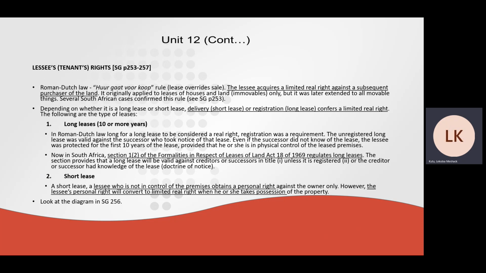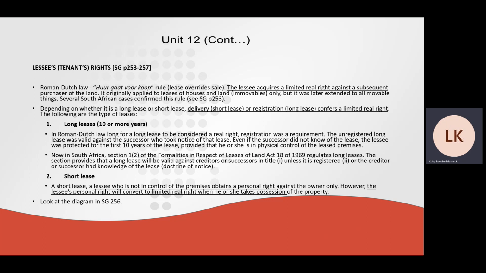In terms of this rule or doctrine, the lessee acquires limited real rights against a subsequent purchaser of the land. What that means is, if the property is sold, the new owner is bound by the lease agreement that was entered into by the previous owner and the current tenant.